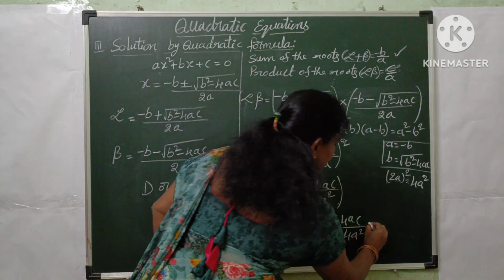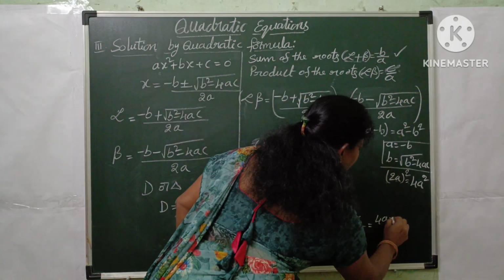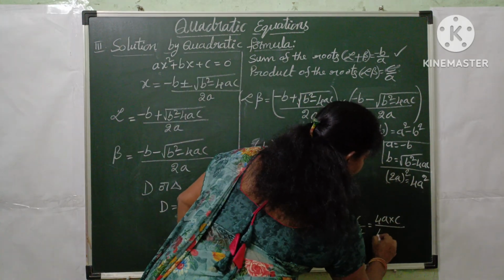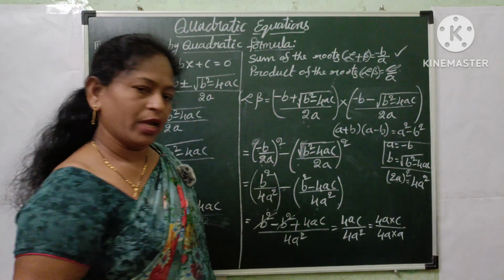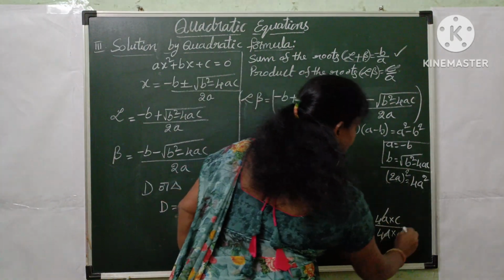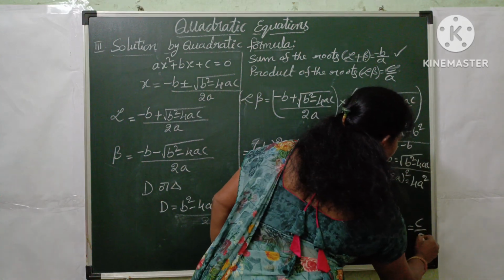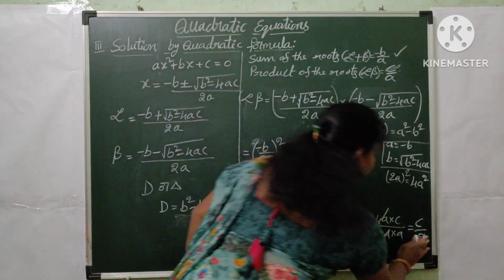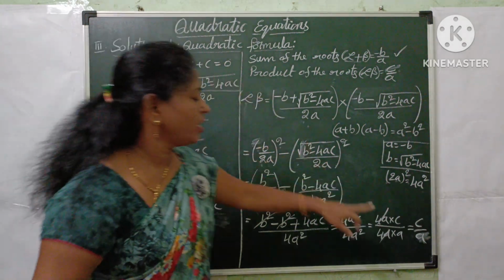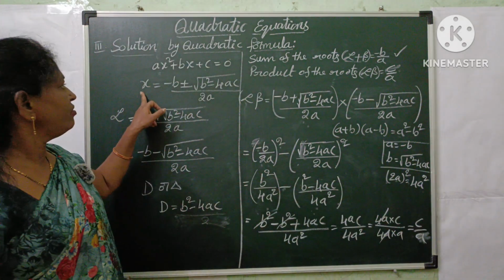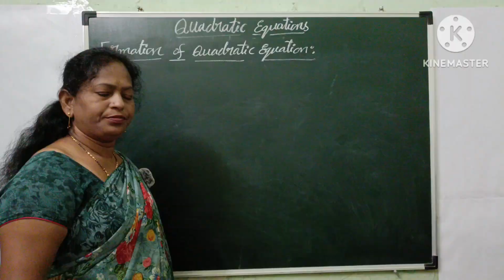We have to split this: 4a into c by 4a into a. A square can be written a into a. So here 4a cancels. C by a. C by a means here c is a constant term and a is the coefficient of x square.